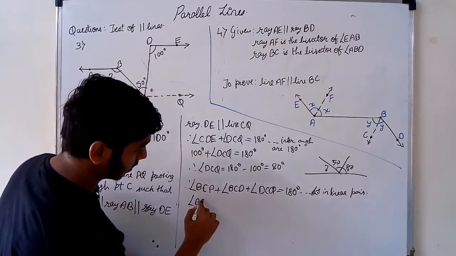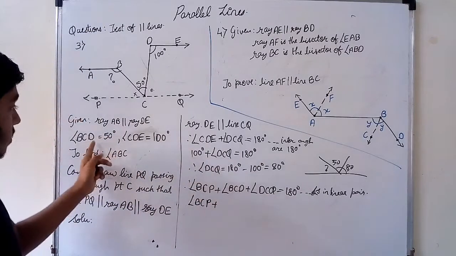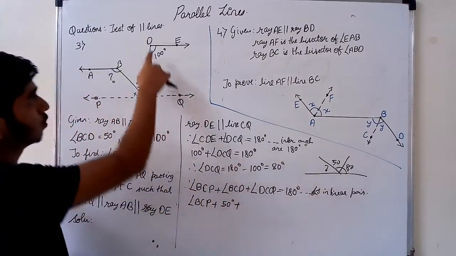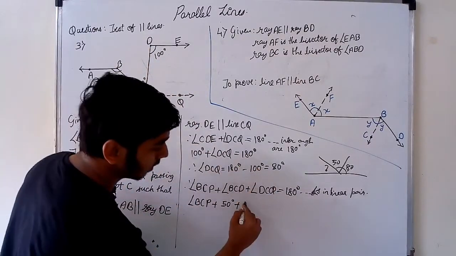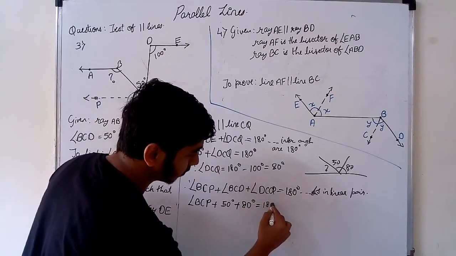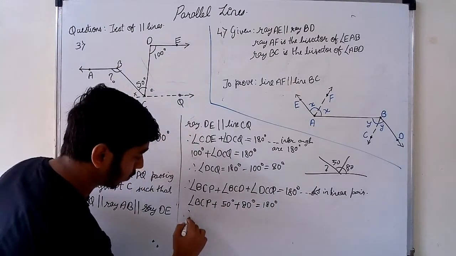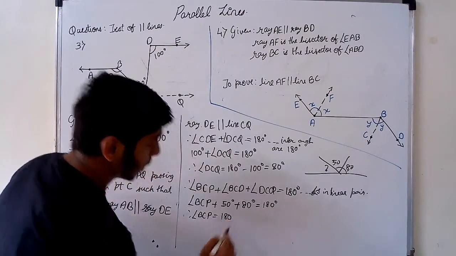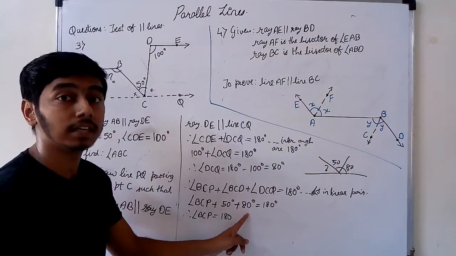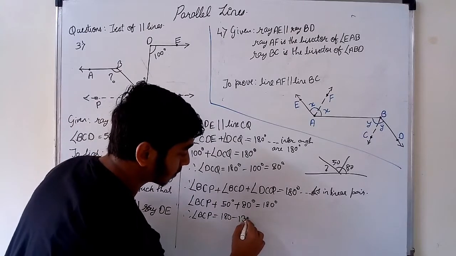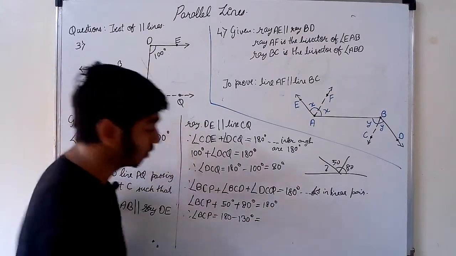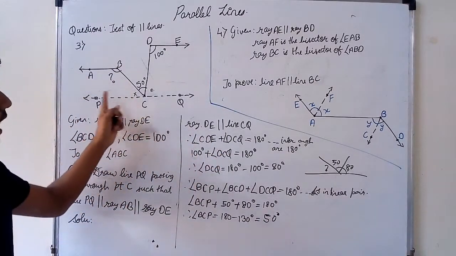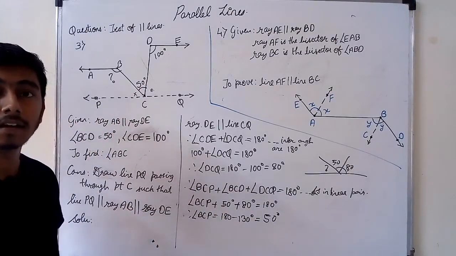So angle BCP plus BCD, which is given as 50 degrees, plus DCQ, already found here as 80 degrees, equals 180. Therefore angle BCP is 180 minus 130, which is 50. So BCP is 50 degrees, yes or no?